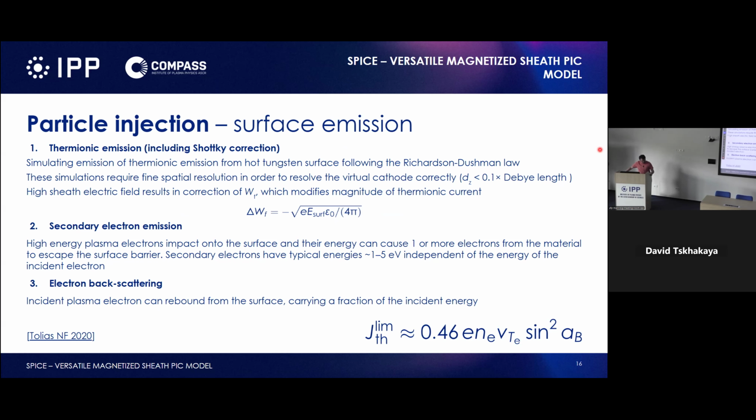First is the thermodynamic emission, which basically is the intrinsic effect of heating a metal. If you heat the metal to a high enough temperature, it starts emitting electrons, which is a source of current coming from the surface, and this current can affect the plasma itself, and also the current can be somehow mitigated by the plasma.